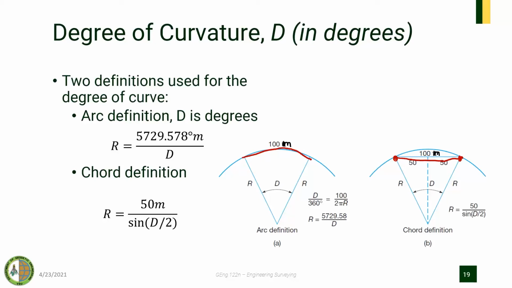Or by chord definition, if we want to have this kind of degree of curvature, we introduce this into the equation, then we have now the radius of the simple curve. So you can interchange the equation as much as you want, based on the problem and based on the design.